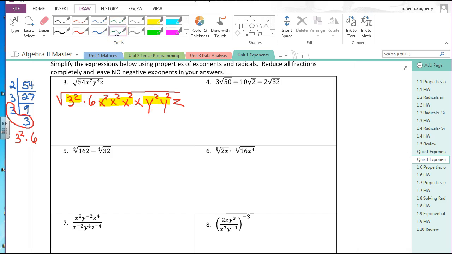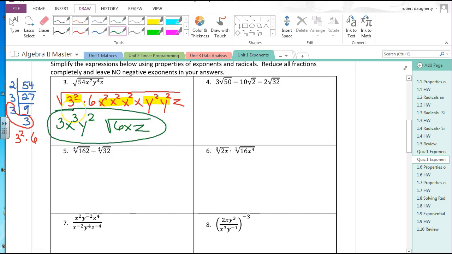Square root of 3 squared is 3. Square root of x squared is x. How many do I have? I've got 3 of those. The square root of y squared is y. I've got 2 of those. And all that's left inside the radical is 6xz. So that is in simplest form for that expression.